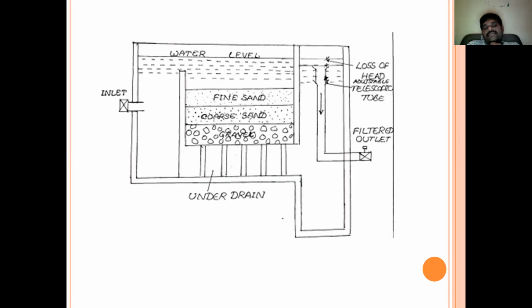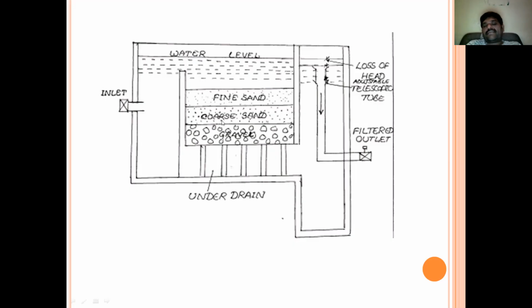I said that the water level in the inlet chamber and the water level in the outlet chamber give the information about the loss of head. If this loss of head is increasing, that means the flow of water that enters into the outlet chamber has been reduced, which means clogging of the filter material.